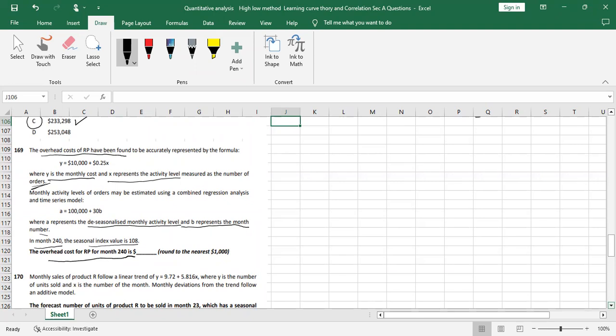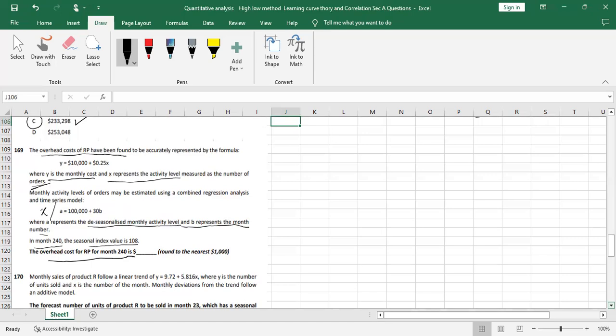Now we want to calculate the total overheads for the month of 240. But how to calculate this total overheads? Because we have two equations. One equation is dealing with the number of orders. First, we need to solve this equation. First, we need to calculate the number of orders, which is represented by A or by X. Now, how to calculate this?